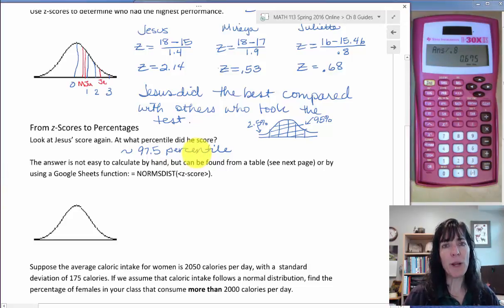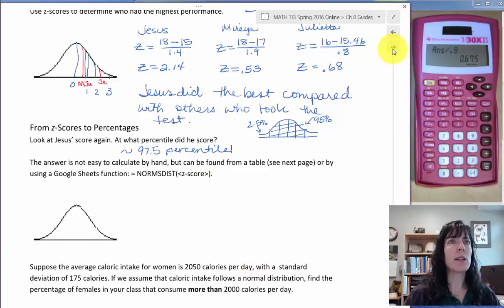But we have some other ways that we can do this that will give us a more precise answer. And so we can use a table, and I'm going to focus on showing you this table instead of an Excel or Google Sheets function, because that is not really available when you're taking a test, but the table is. So let's take a look at this table.